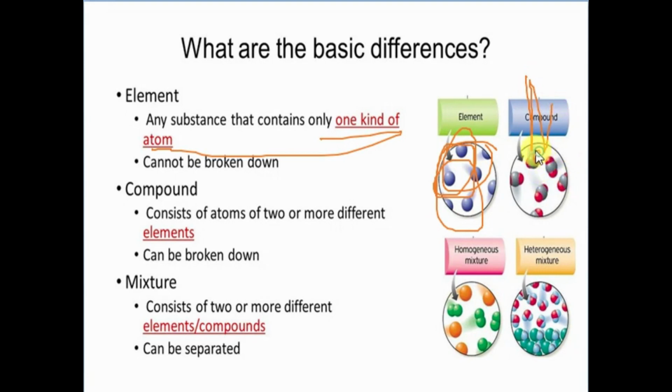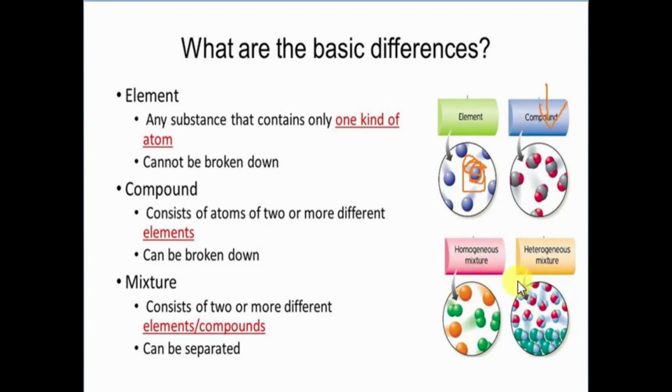From this figure you can see that here we have only orange balls, which are atoms, and here only blue atoms, so only one kind of atom is there. In compounds you have two colors, so two or more atoms form a compound.